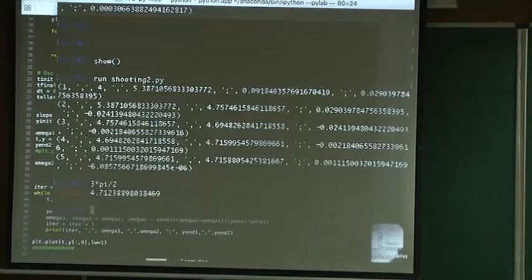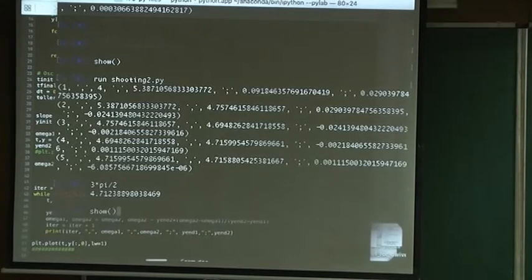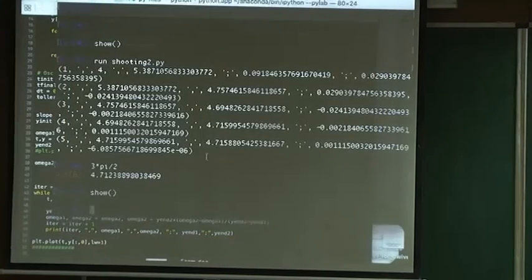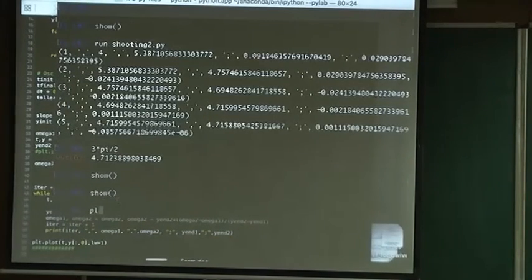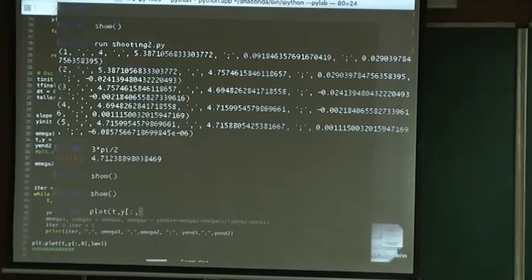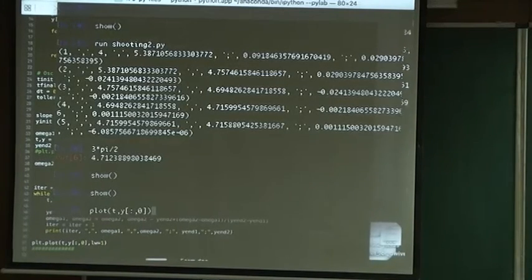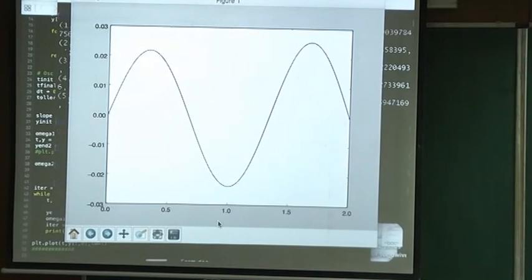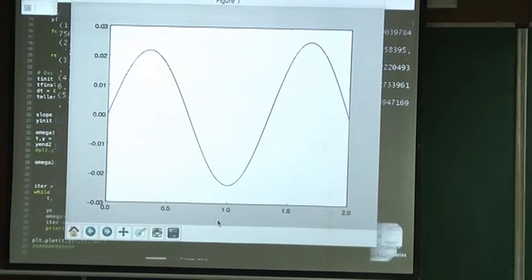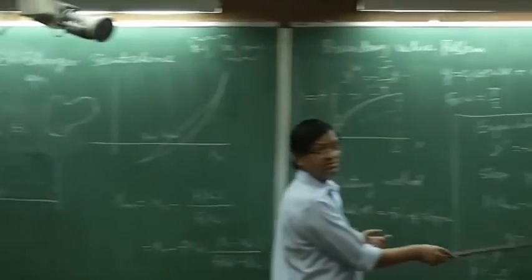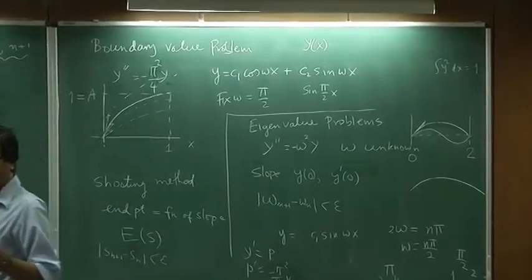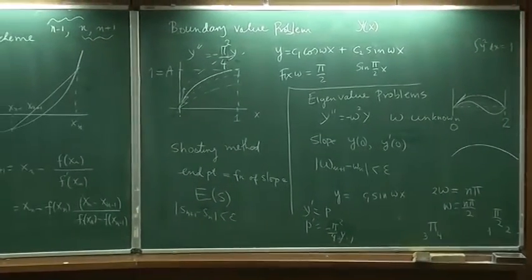This is a third solution, which is 3 pi by 2. So it depends, you have to choose your bracket properly.